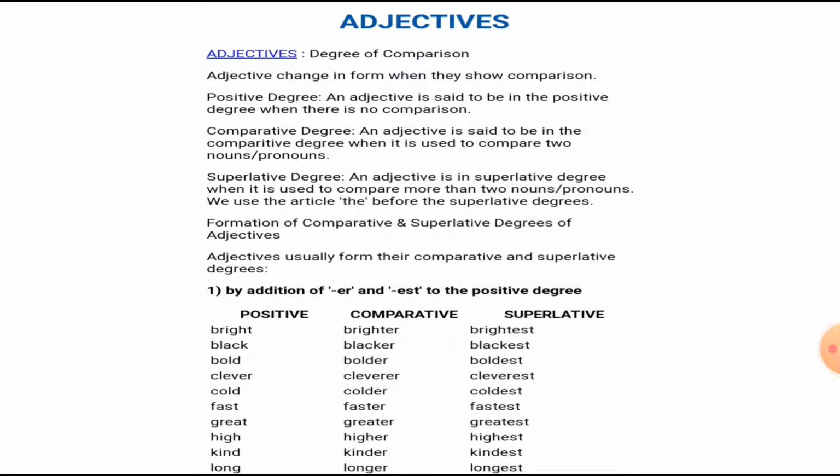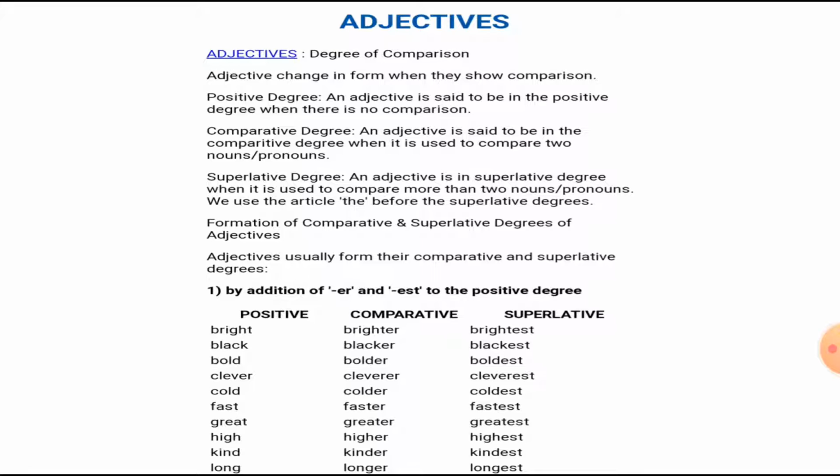Positive degree. An adjective is said to be in the positive degree when there is no comparison. When we talk about a single object, we usually use the positive degree of adjective.